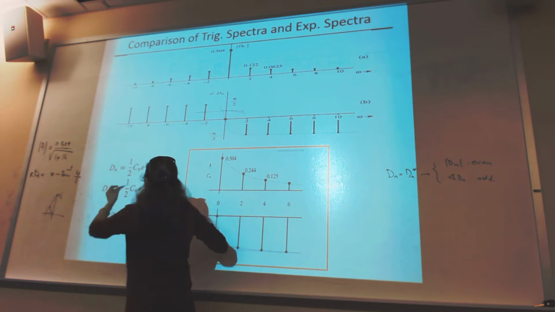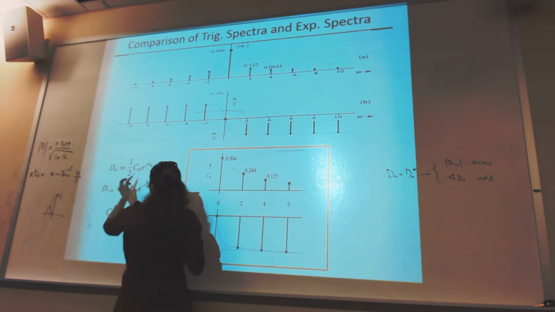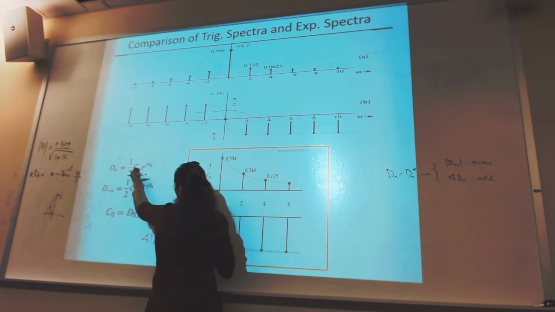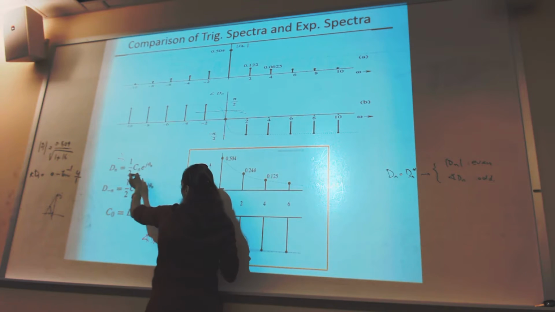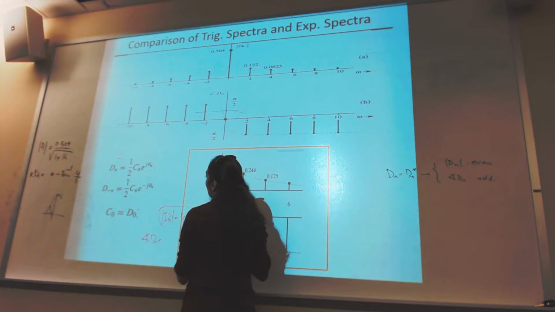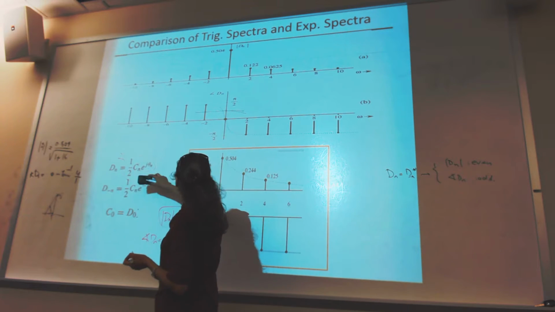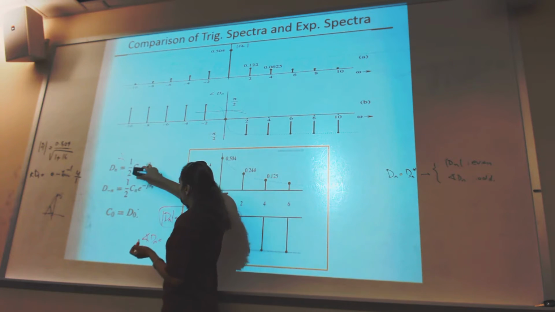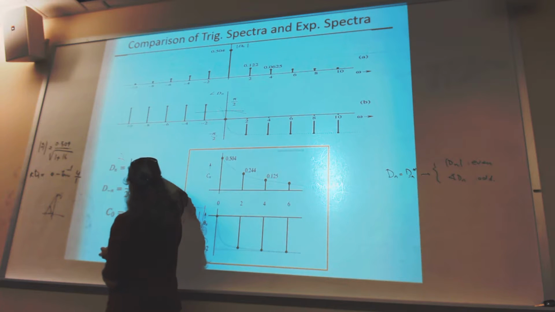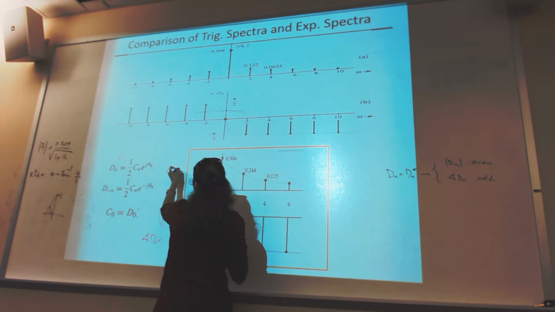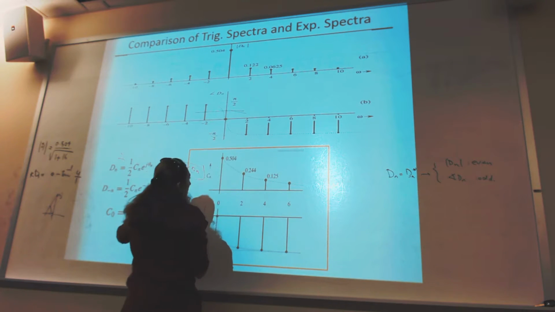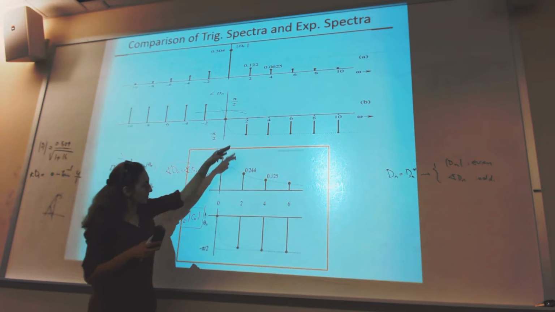You have to look at the phase of each of them and add them together. 0 plus the phase of Cn plus the phase of e to the j theta n. If you consider Cn always positive, the phase of Cn is still 0. So what we end up with is theta n. Therefore, the phase of Dn is equal to theta n, again, if Cn is positive. So as you see, they have the same phase.